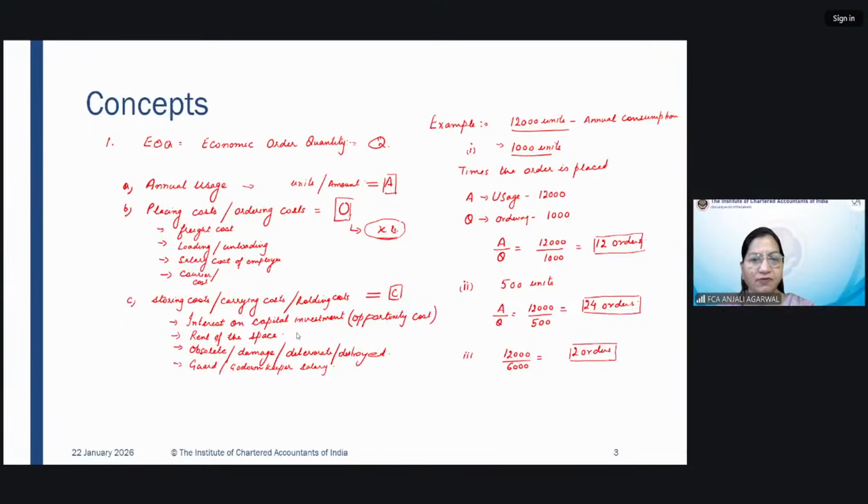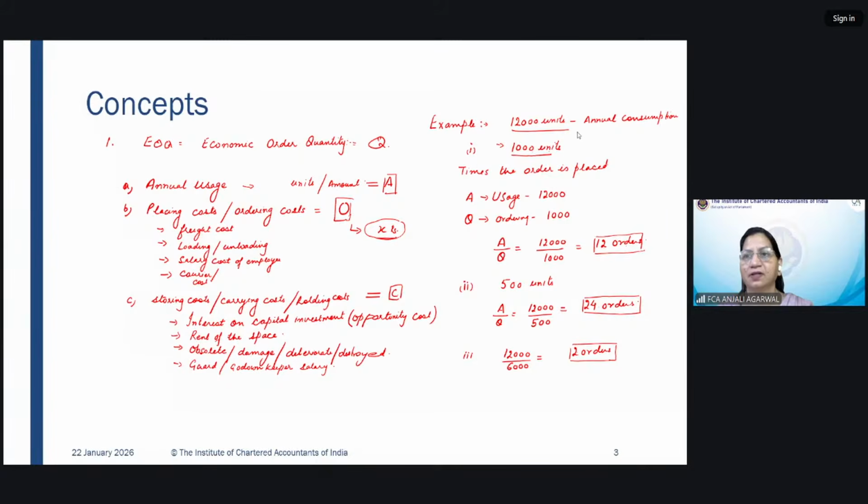Maybe it is the rent of the space where you are keeping the material. You have to take care that the raw material does not get damaged, destroyed, or become obsolete. And you also have to ensure that the godown keeper or the guard keeps the stock safe.